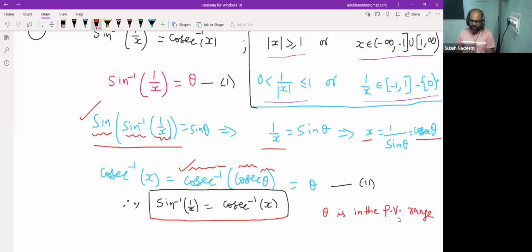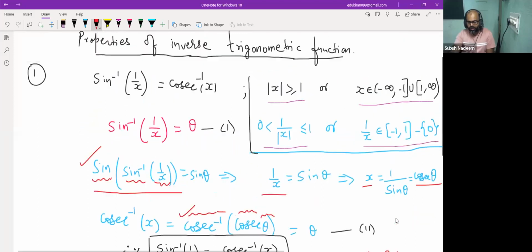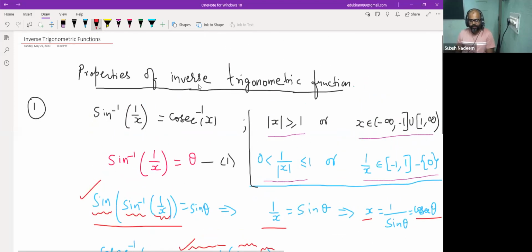Now, is theta in the principal value range? So the first thing we have to specify when we are writing it is this: when we have taken sine inverse 1 by x equal to theta, since sine inverse gives the angle between minus pi by 2 to pi by 2, this will be between minus pi by 2 to pi by 2 except 0.